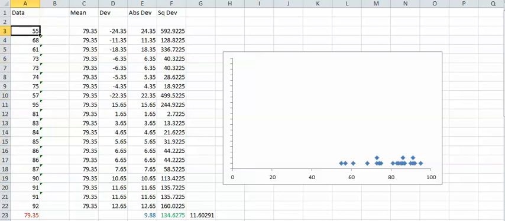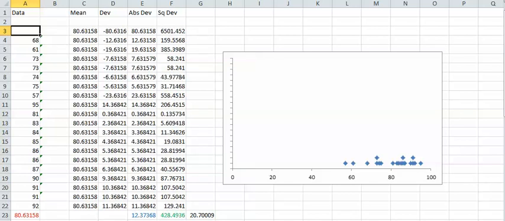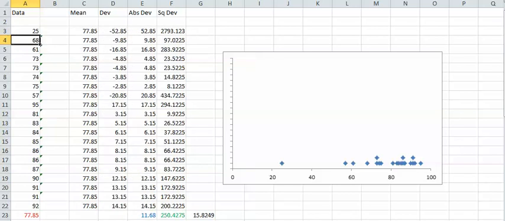Let's do one more example. What if I change this from 55 to 25? Well, this value is now much further from the mean. It's much further below the mean. This value down here is now 52.85 away from the mean over here. It's a big distance. So since the value moved further from the mean, the absolute deviation of the value went up.